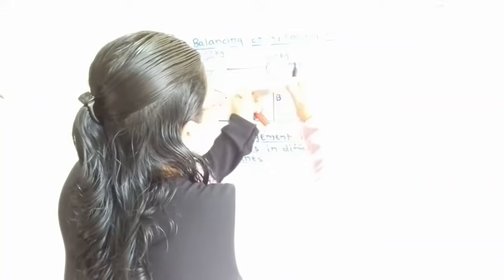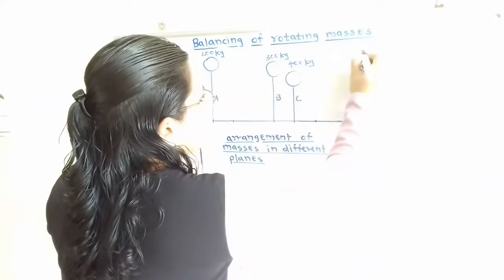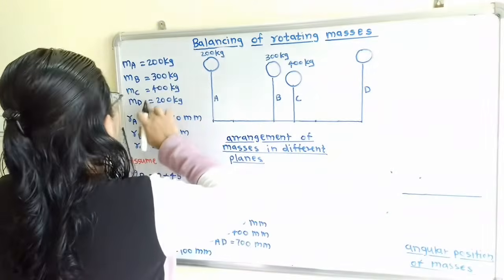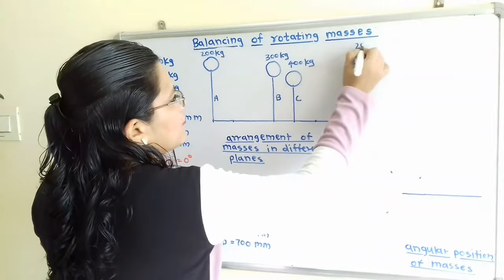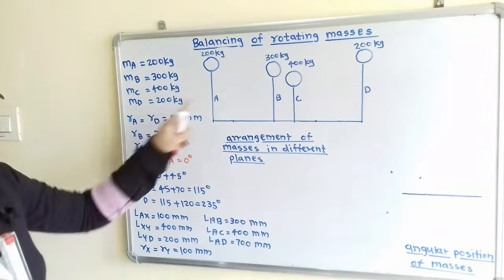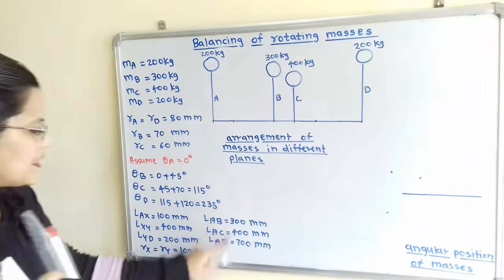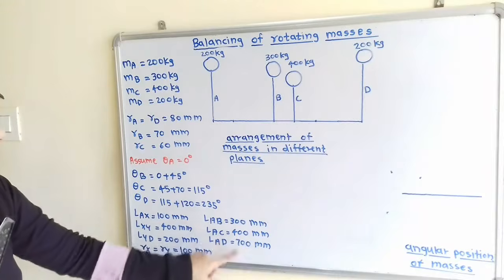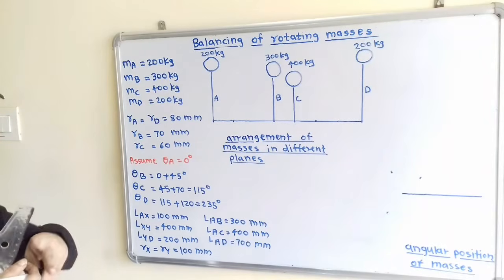We have to take this equal distance as A, and here this will be the plane D. Its mass is 200 kg and we have to mention this. So these planes that we have plotted as per the given data. We have to take particular scale as per the given data. Now we will move next.